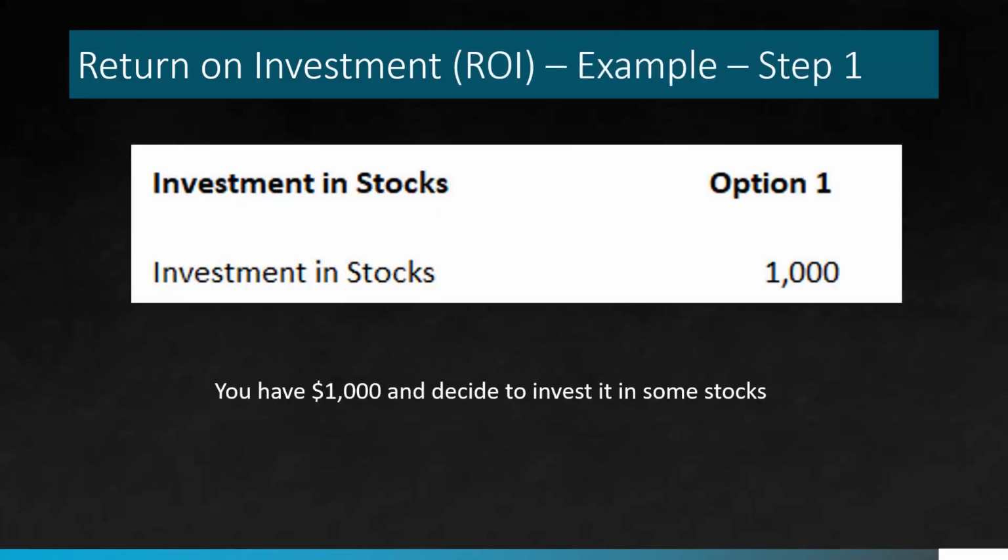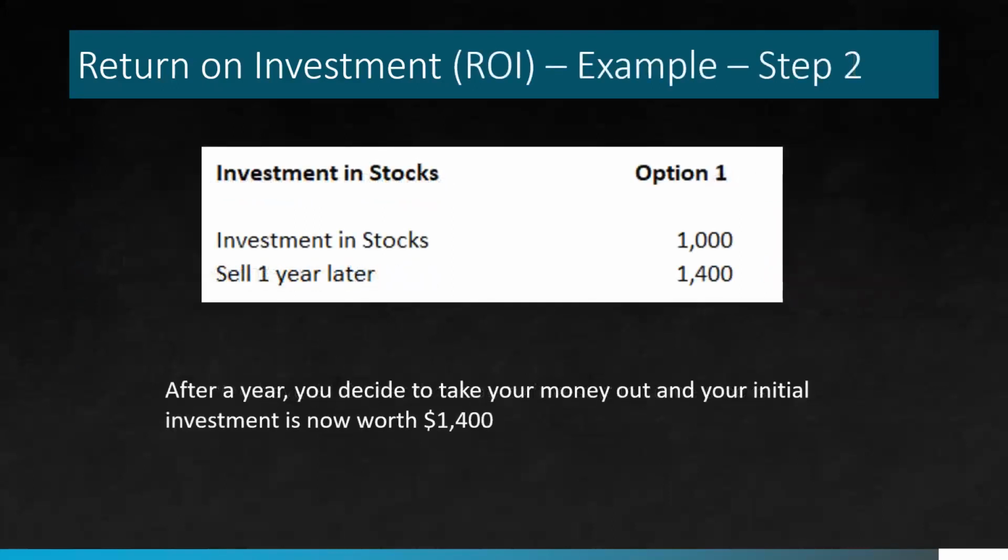So here's some more examples. The ROI in its simplest form: you make an investment in some stocks and you put in $1,000 and you sell 1 year later, and when you sell, you get $1,400. There's a gain, right? Your gain is $400 because your $1,000 is what your initial investment was.